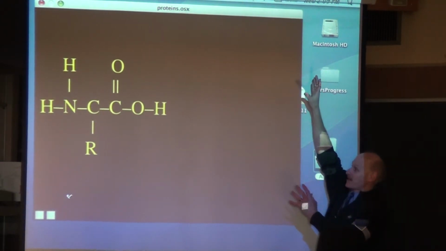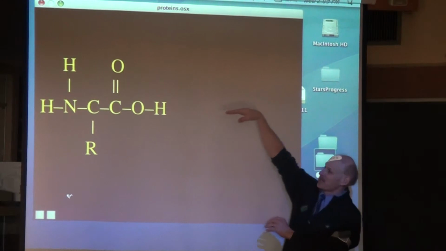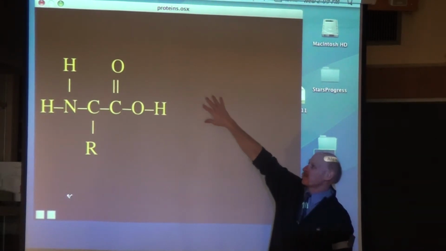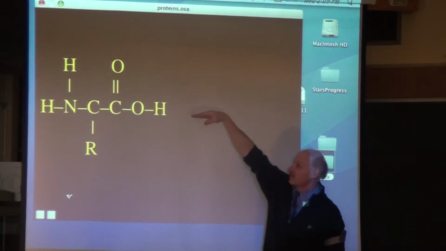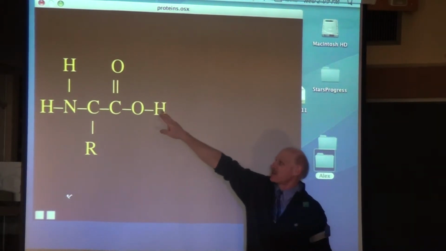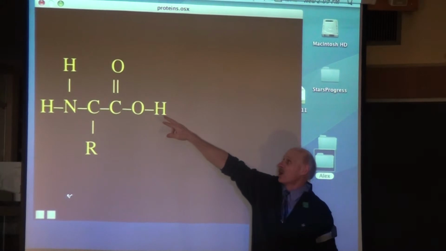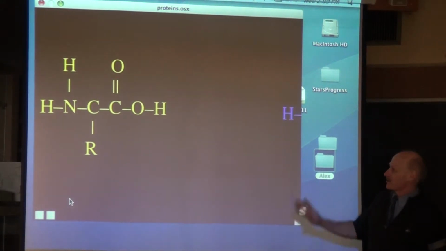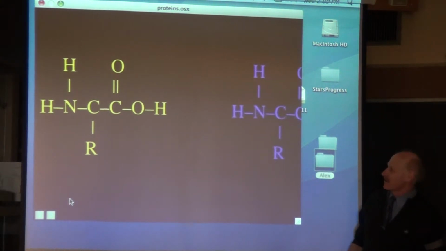The next amino acid that comes in always comes in this direction and brings its amine group, its nitrogen, inward like this, kind of backs the nitrogen up close to the OH of the carboxylic acid carbon. This is always the direction that the incoming amino acid comes in from.